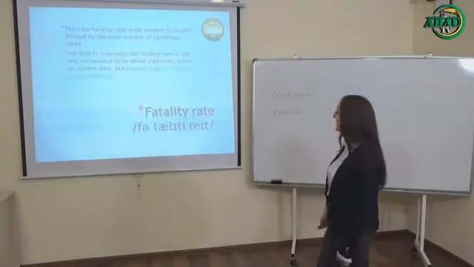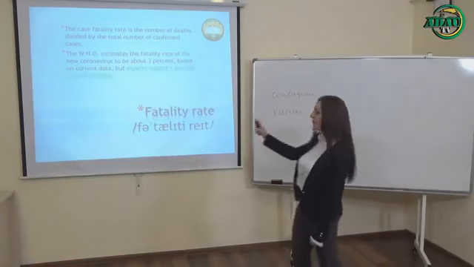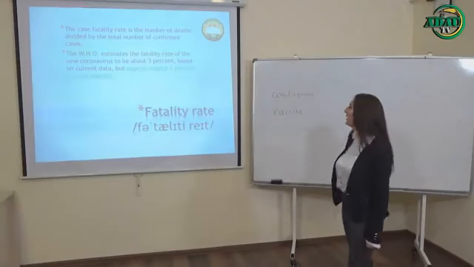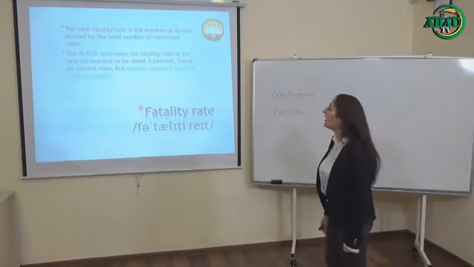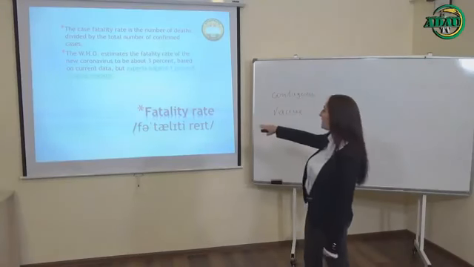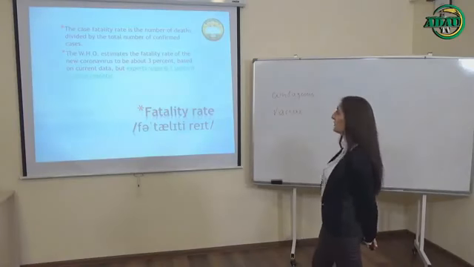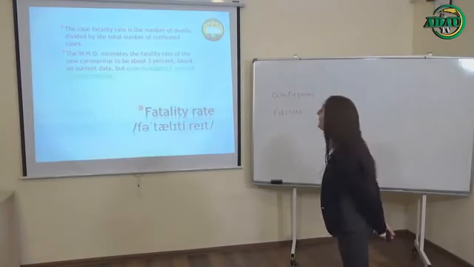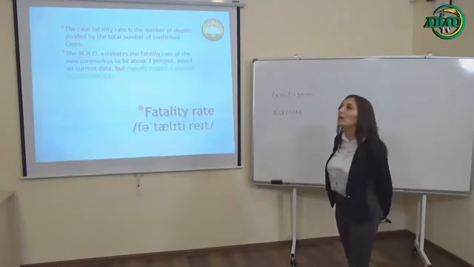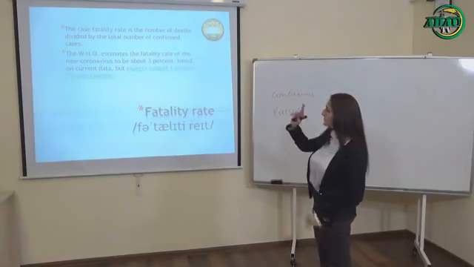Anyway, okay. Fatality rate. This is the word that is generally used with COVID-19. The case fatality rate is the number of deaths divided by the total number of confirmed cases. Now I will read the second sentence.